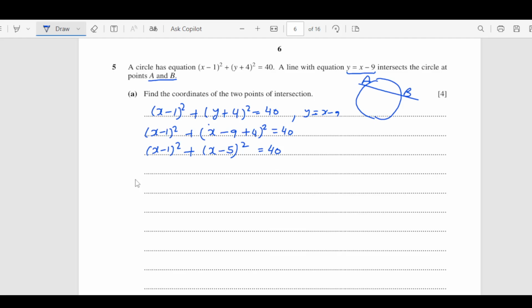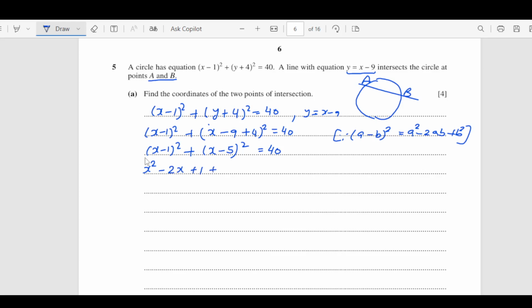When you expand, we are going to use the formula of (a minus b) whole squared, which is equal to a squared minus 2ab plus b squared, right? So using this, we will have x squared minus 2x plus 1.